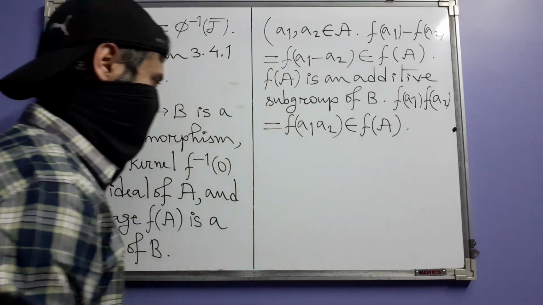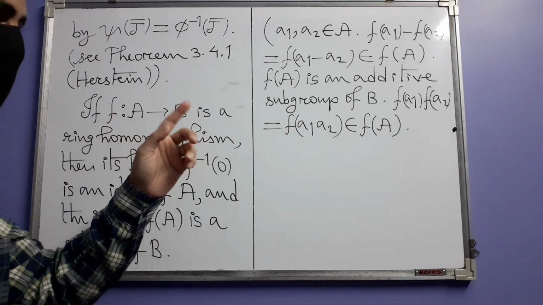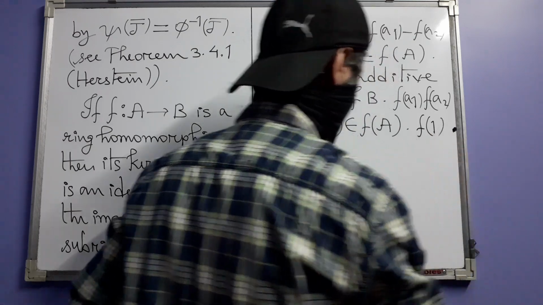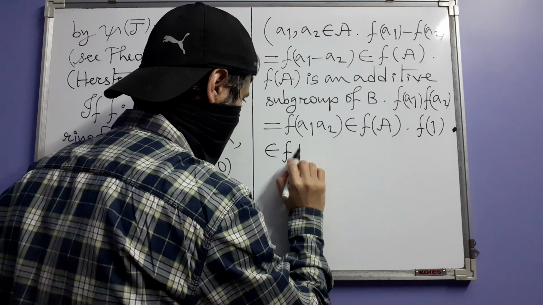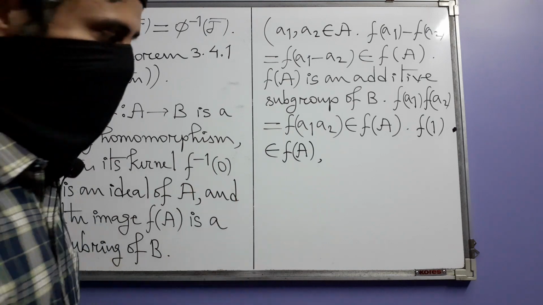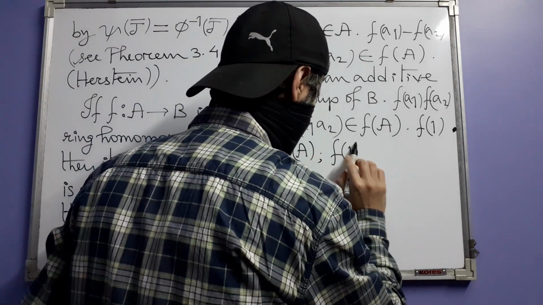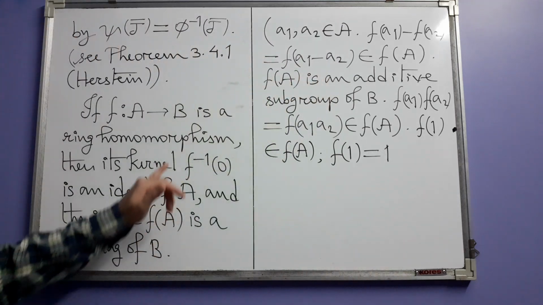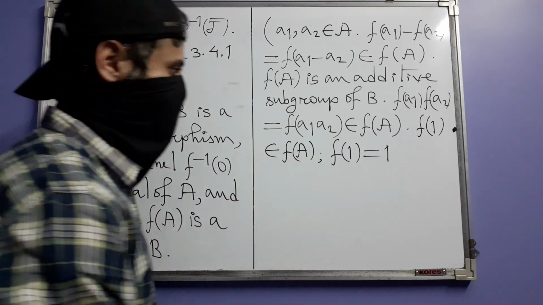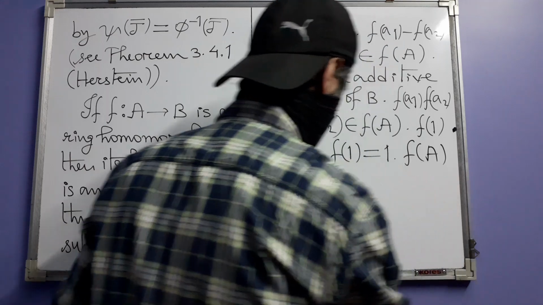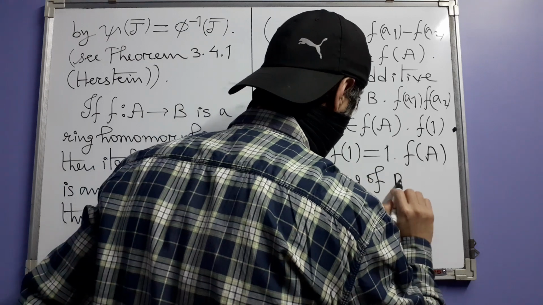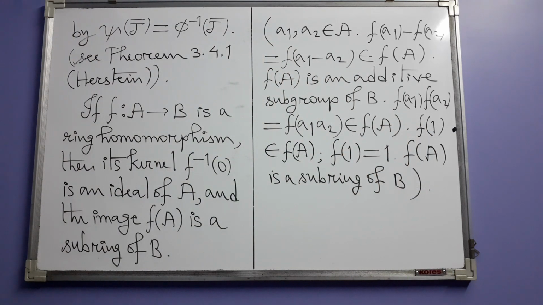Because f is a homomorphism, and because A is a ring and hence by definition has an identity element 1, f of 1 exists in f of A. But at the same time, because f is a homomorphism and so respects identity elements, this f of 1 is in fact nothing but the identity element in B. So the identity element in B is in f of A, and that's how this is a subring of B. Okay, so that's the verification.